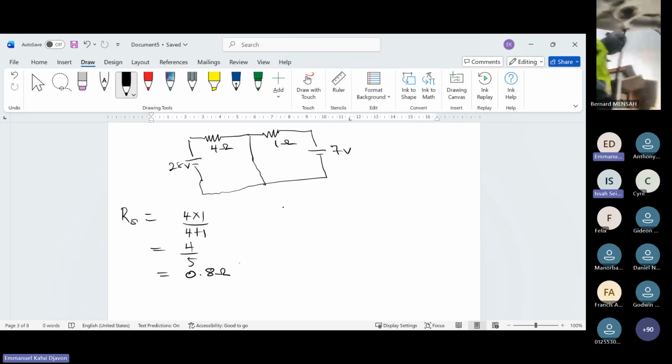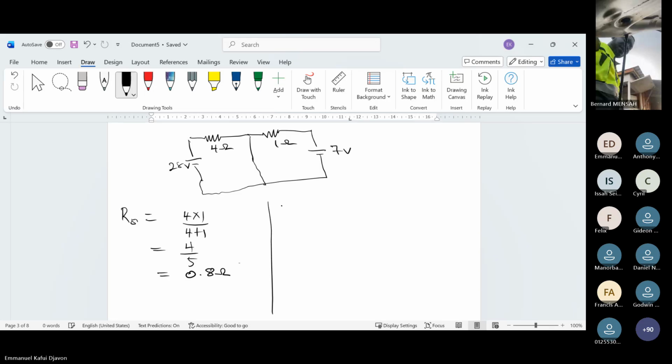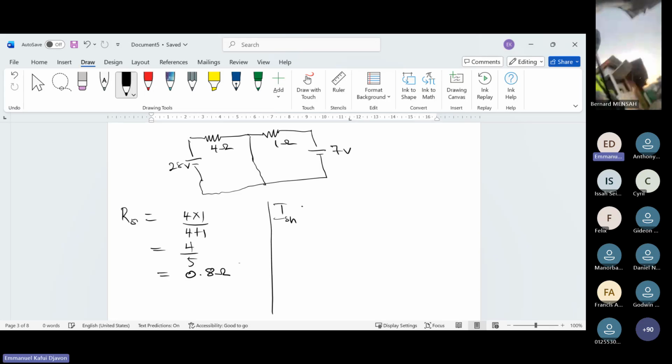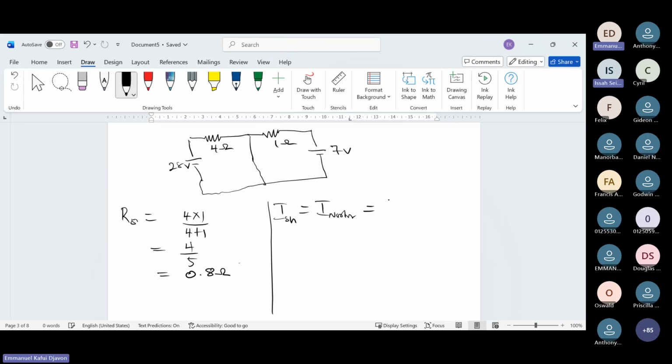Now, to get the short circuit current, which is equal to I Norton, here I have V over R. So I1 is equal to V1 over R1 plus V2 over R2.